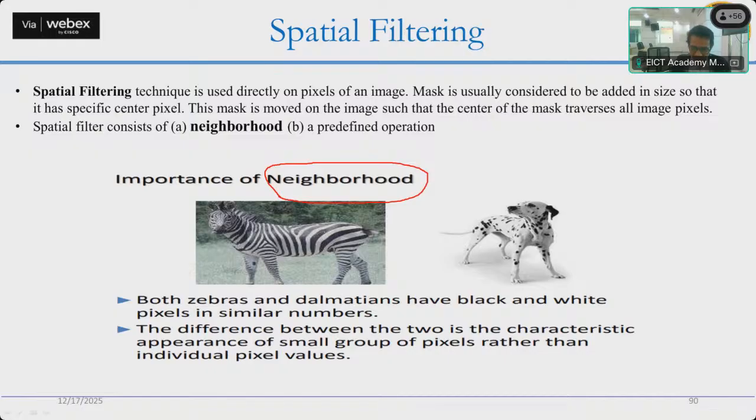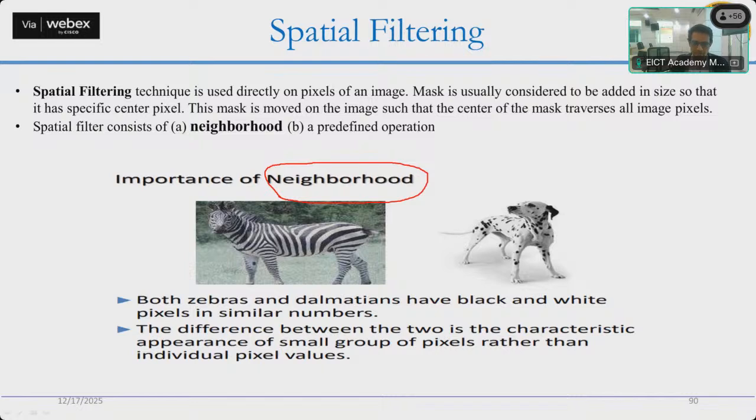See, in the neighborhood, this black pattern is there. Here, this neighborhood is different. If I take the patch, it is different. What happens? In the histogram, this neighborhood part is not taken into account. We are saying both zebras and this breed, Dalmatians, have black and white pixels in similar numbers.